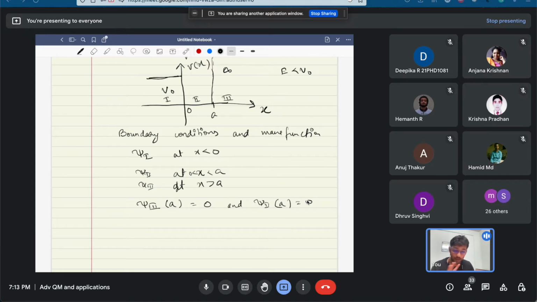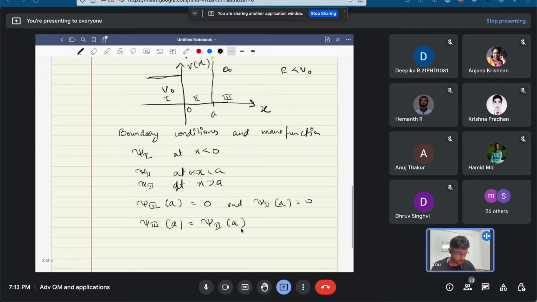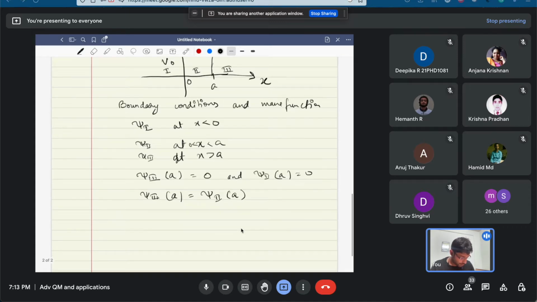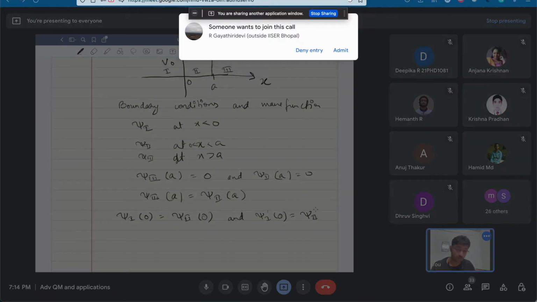So here at a we have the condition that psi 3 of a should be equal to psi 2 of a, and at x equal to 0, where there is a step in the potential that I have shown here, we have two conditions to be met: psi 1 of 0 should be equal to psi 2 of 0, that is the first continuity principle, and the derivative of psi 1 at 0 should also be equal to the derivative of psi 2 at 0.